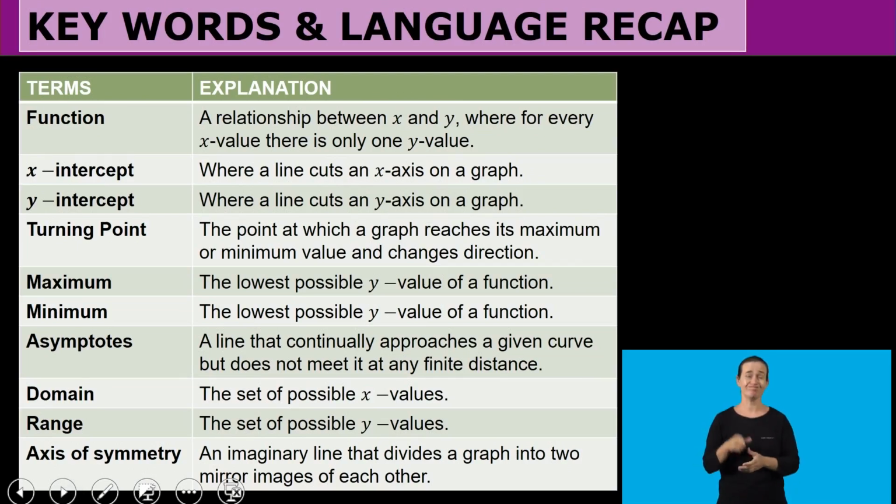Now, looking at the keywords that we were using during the lesson, these are words that you are also familiar with, and those are function, x-intercept, y-intercept, turning point, maximum, minimum, asymptote, domain, range, and the axis of symmetry. So those are words that you are familiar with when you are working with functions.